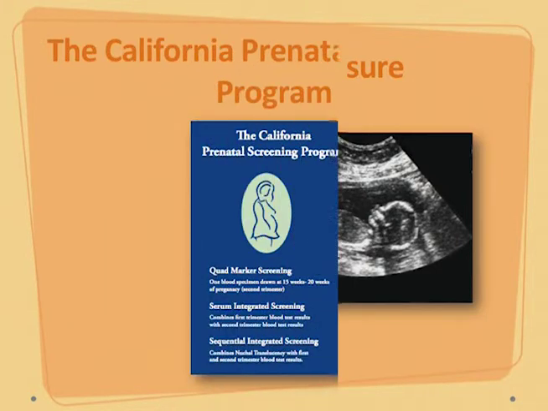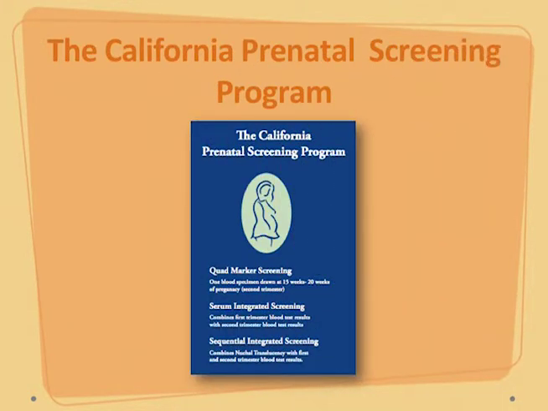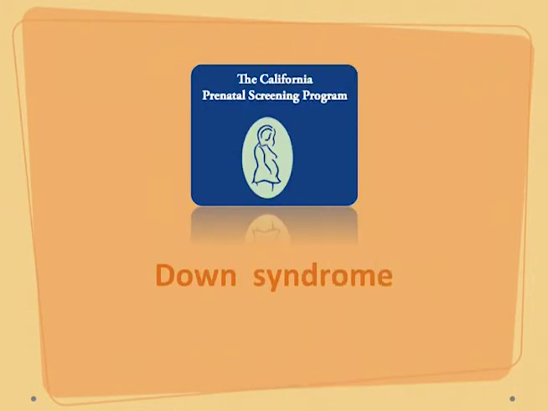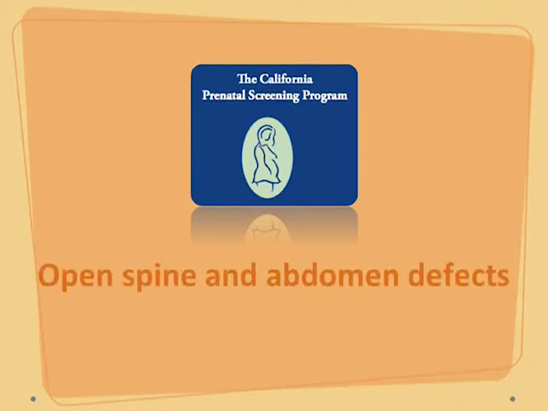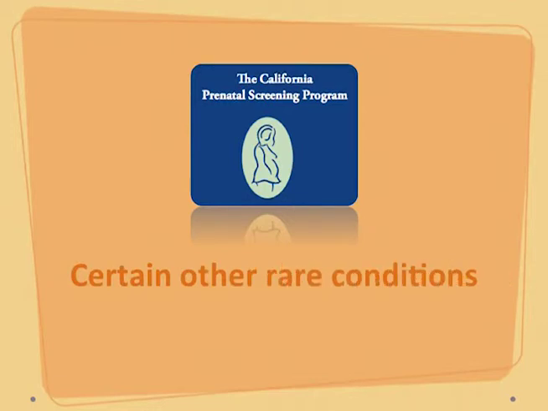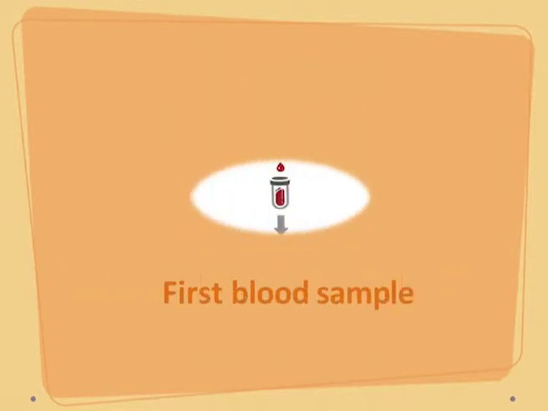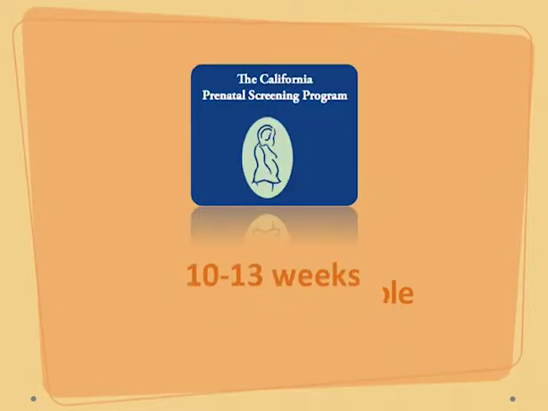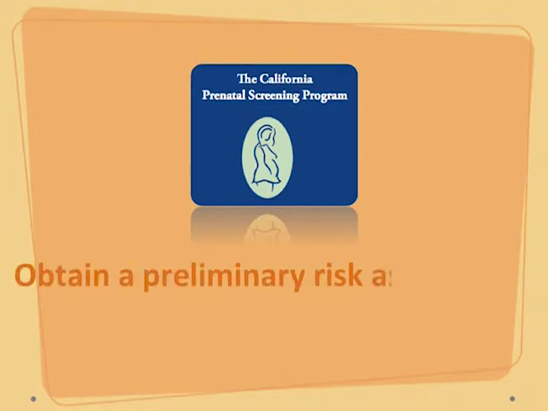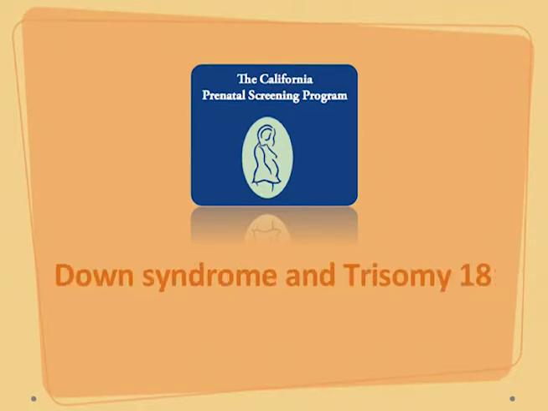The California Prenatal Screening Program is a test that screens for Down syndrome, trisomy 18, open spine and abdomen defects, and certain other rare conditions. This test uses a blood sample drawn from the mother in the first trimester between 10 to 13 weeks, combined with the nuchal translucency measurement to obtain a preliminary risk assessment for Down syndrome and trisomy 18.